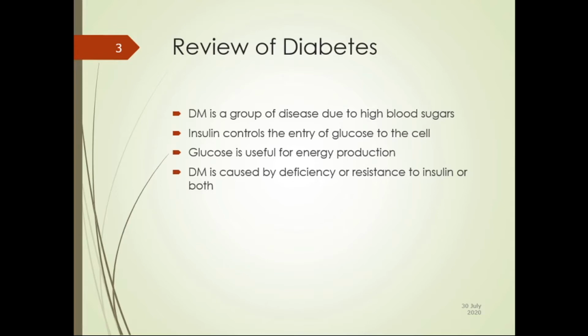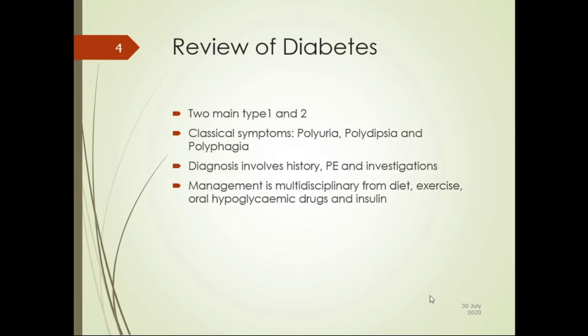Diabetes is therefore caused by deficiency of insulin or resistance to insulin, or both of these conditions. So there are two main types of diabetes, that is type 1 and type 2. The classical symptoms of diabetes are polyuria, polydipsia, polyphagia, that is increased urine production, increased thirst, and increased hunger.